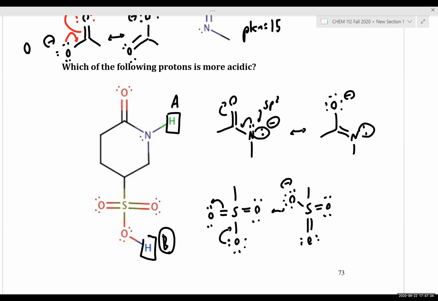Any questions on this example? Any questions?